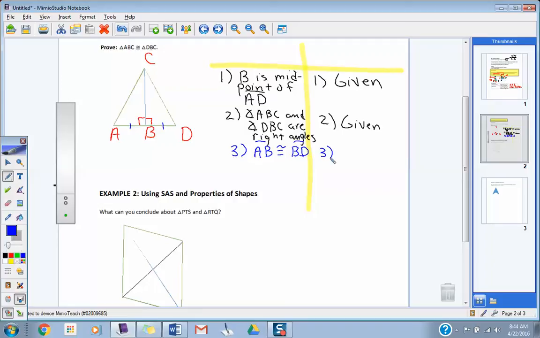Excellent. When I write step 3 saying AB is equal to BD, what part of the side-angle-side congruence theorem have you already satisfied? A side.